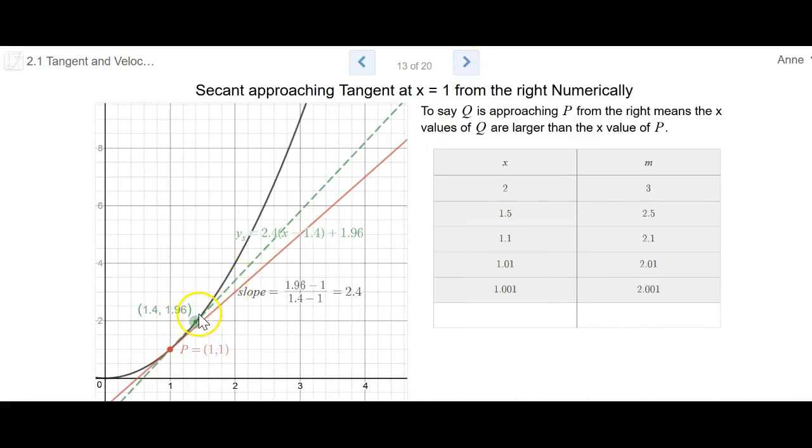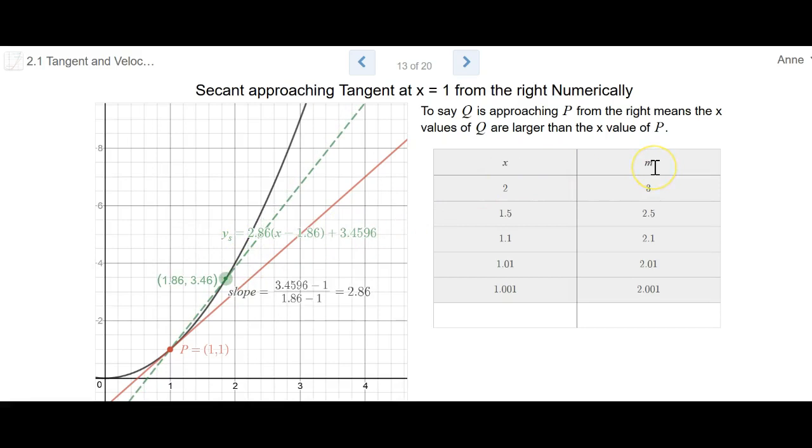So there's a concept of approaching from the right and the left, and you'll see this especially in tables in the homework. We say that this point Q is approaching P from the right if the x values are to the right of 1 and getting smaller as they approach 1, like this, graphically.